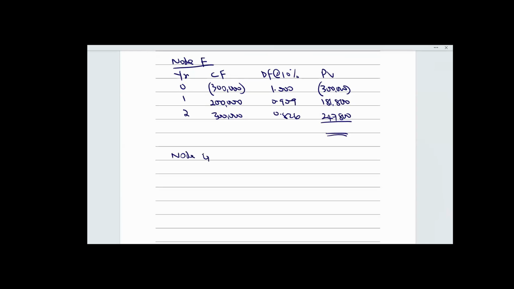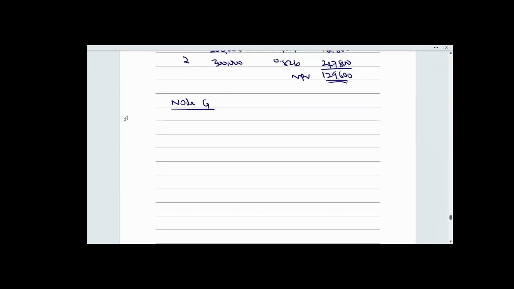Node G, 129,600. Is this correct? Yes. Okay. So node G. Create a column for year, cash flow, discount factor at 10, then present value. Year 1 to 2.